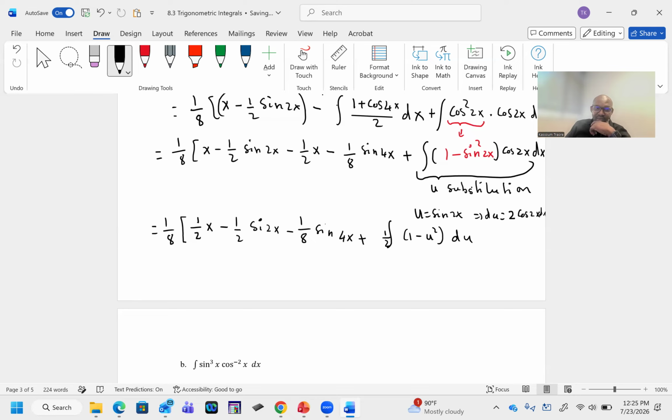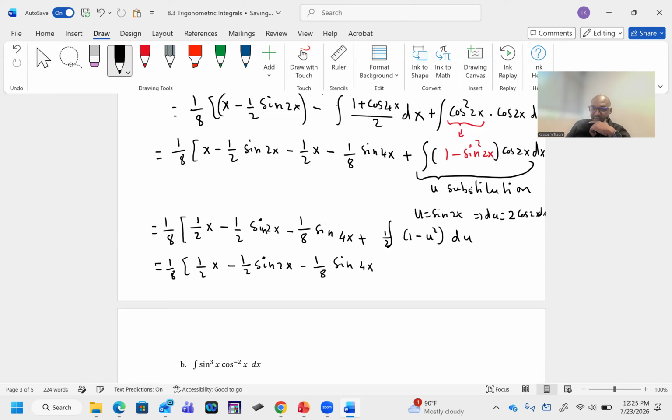Which will give us 1/8 times 1/2 x minus 1/2 sine of 2x minus 1/8 sine of 4x.